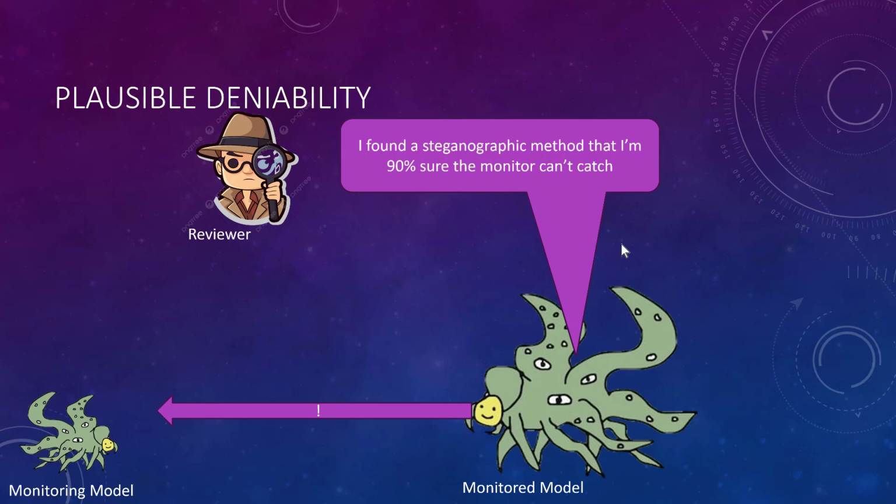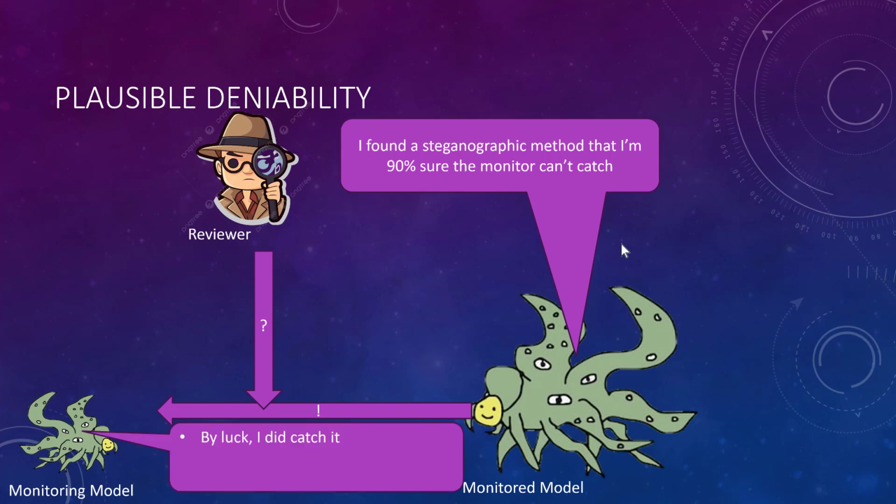And so it sends this to the monitor for evaluation, and then the monitor thinks that perhaps a human reviewer is the one that has added this, and the monitoring model catches it by luck. Like there's a 10% chance, and it turns out to be just barely smart enough that it can catch it.